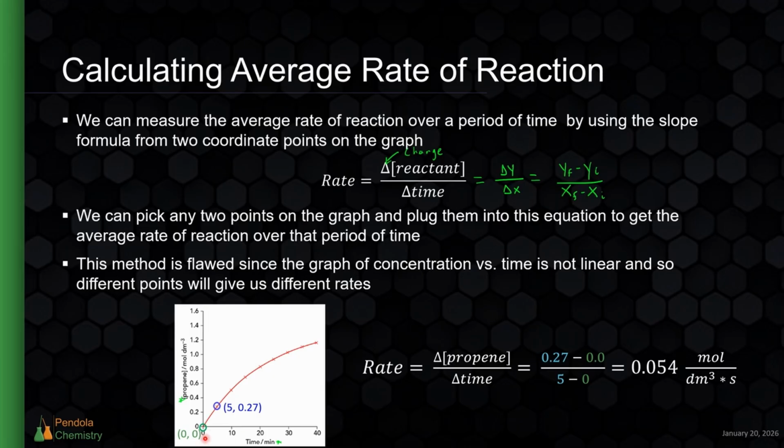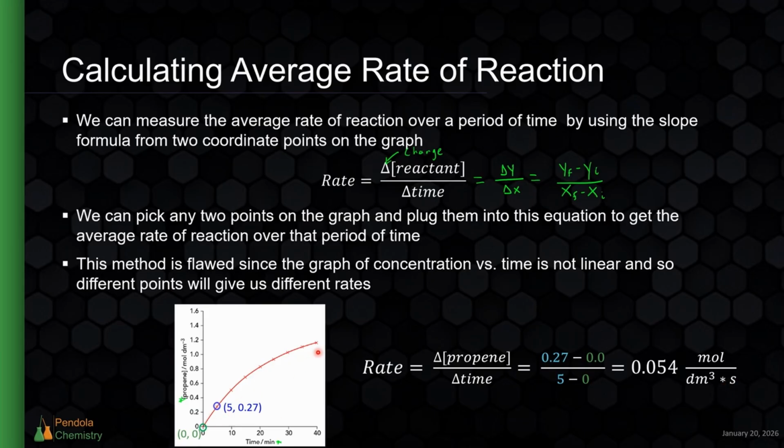So the average rate here in this area of the graph is 0.054 moles per cubic decimeter per second. What this is telling us is that the concentration of propene at this point in the graph is going to increase by 0.054 moles per cubic decimeter for every second the reaction is allowed to happen.